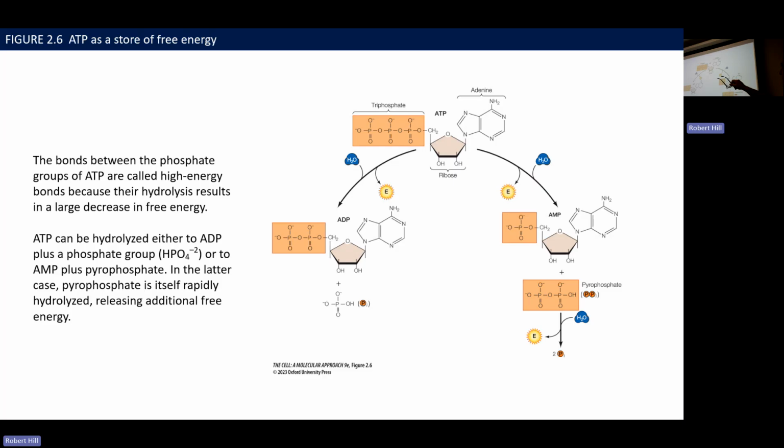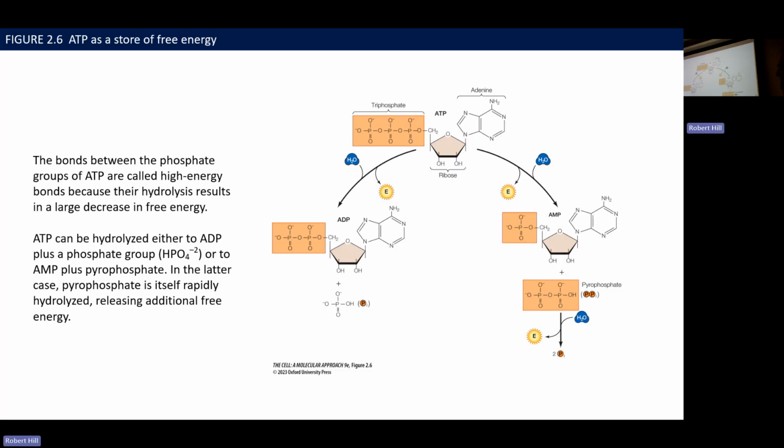The opposite of hydrolysis is dehydration synthesis. So that's going to be 2 phosphates, another phosphate coming in to produce either ATP or ADP. This figure isn't showing the dehydration synthesis, it's showing hydrolysis of either 1 or 2 phosphates. But that ADP or that AMP can recycle back to a double or triple phosphate state through a dehydration reaction.